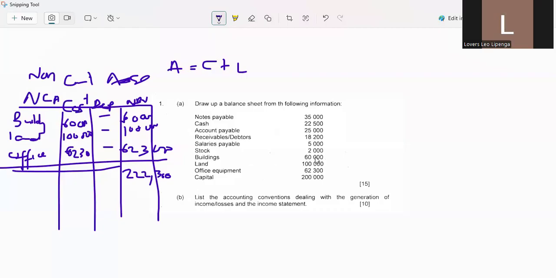The next is depreciation, if there are any figures. The last is net book value, which is cost less depreciation.